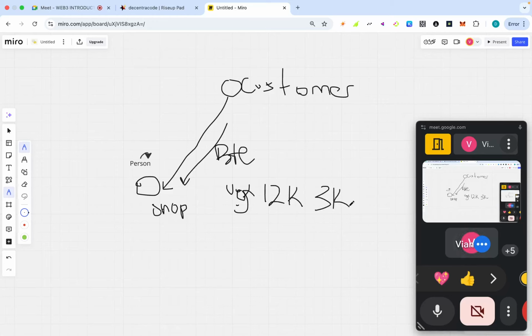Imagine this, and then they have to do this maybe 4 times in a particular day, because they are coming to buy things at different times, and each time they come they are charged 3K. Let's say they are buying juice. So you buy juice in the morning, you're paying with Bitcoin, by the way, 12,000 worth, and you're being charged maybe 3,000 as gas.